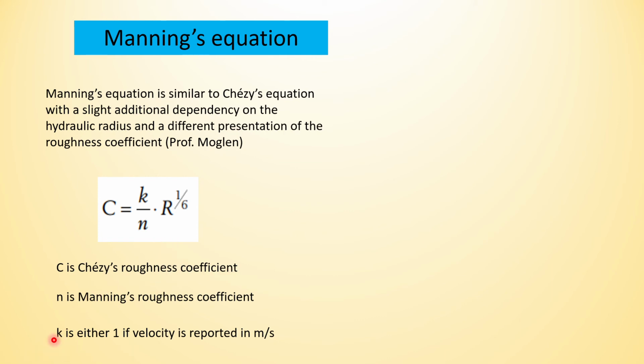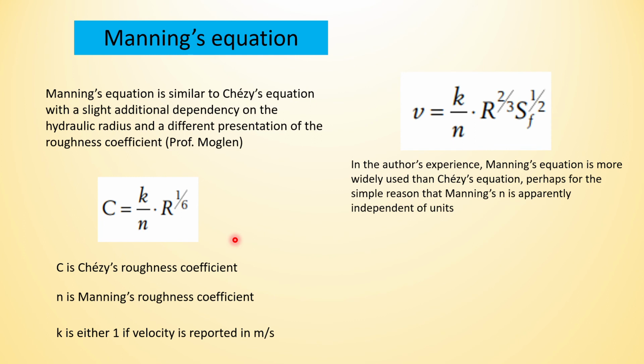And K is 1 if the velocity is reported in SI units, meter and second. But if it is reported in English units, there will be a different value for K, something like 1.49. It is in the textbook. So from here, we can get Manning's equation. So this is Manning's equation.